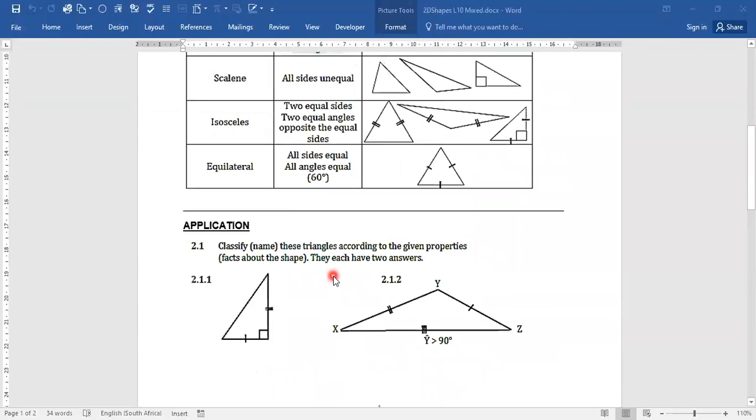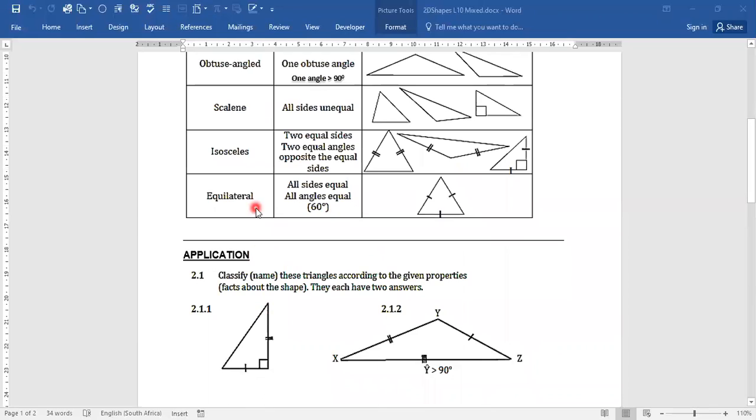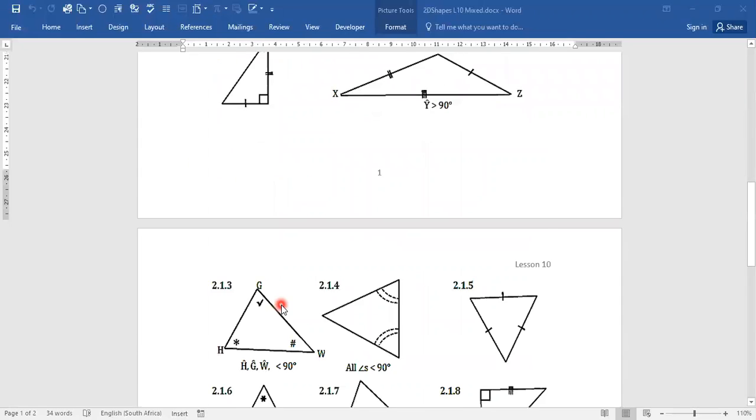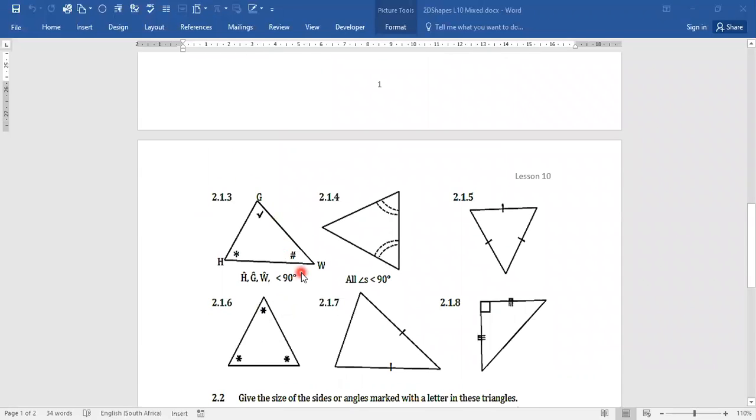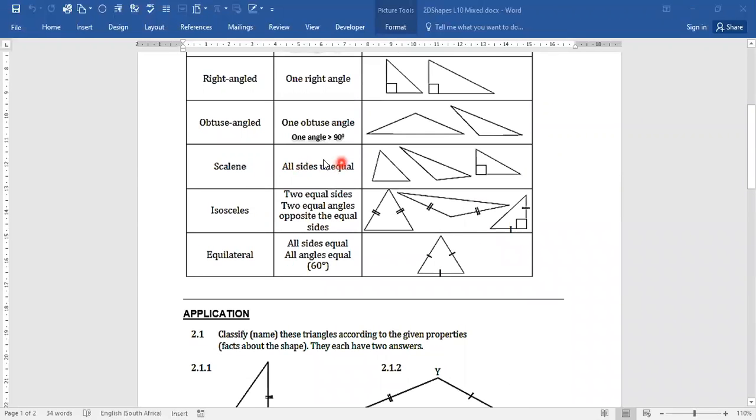Now to get the next property, we look at what's equal. In terms of whether it is scalene, isosceles, or equilateral, we look at the sides. There are no side markings, but we do have three unequal angles, and three unequal angles imply unequal sides. So again, we have scalene.